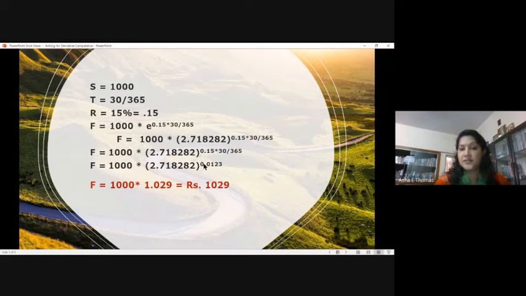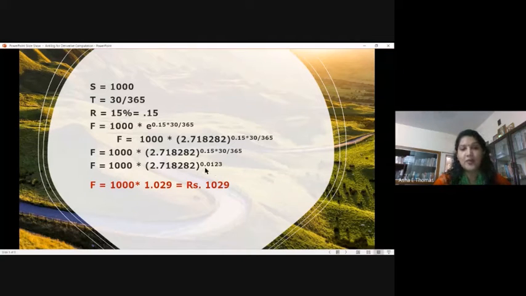I have rounded this to four decimals because to look up the anti-logarithm table, I want it in this format, four decimals. Why, I will tell you. But this is how I have rounded it and made this computation as a decimal, which is nothing but 0.15 into 30 by 365.